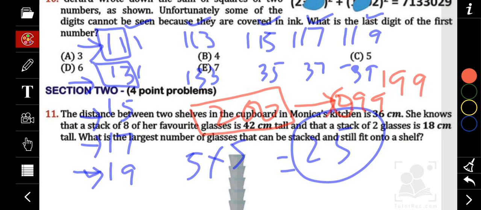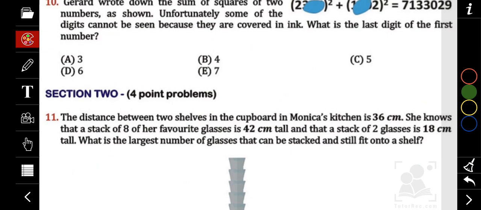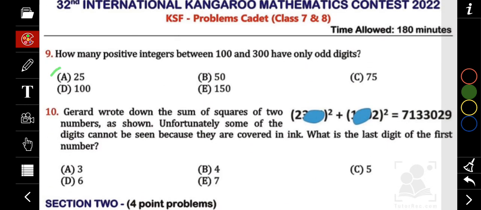So after this we are having 300, that again contains 2 even digits. So the only option is 25 numbers within the given range. So our answer should be option A, 25 numbers.